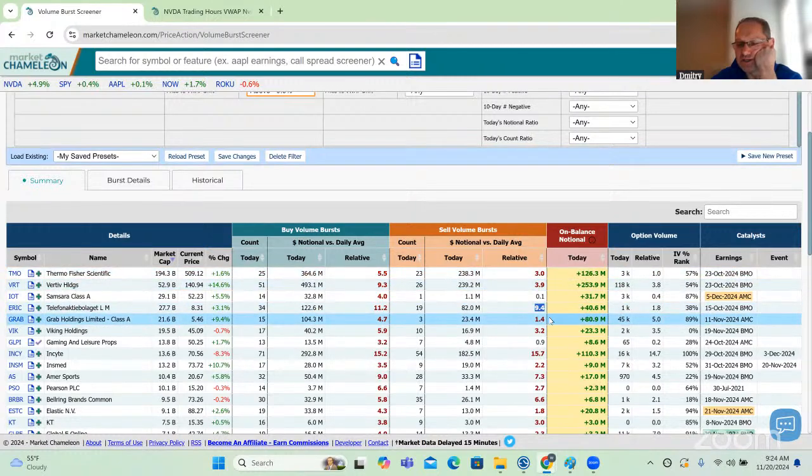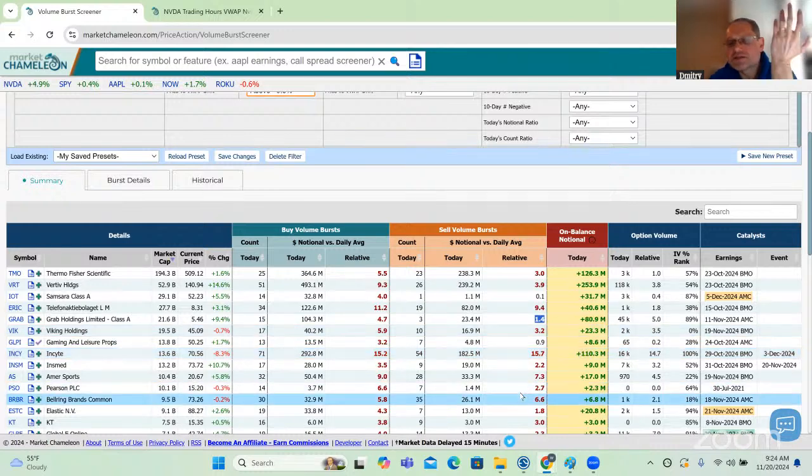So it could just be something happening in the stock that both sides are hitting out liquidity, which could indicate that volatility is coming as well, right? That could indicate that with these kind of big surges, the order book could get thinner, and we could see a bigger move in the stock.